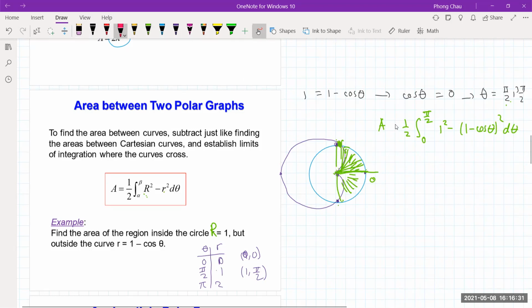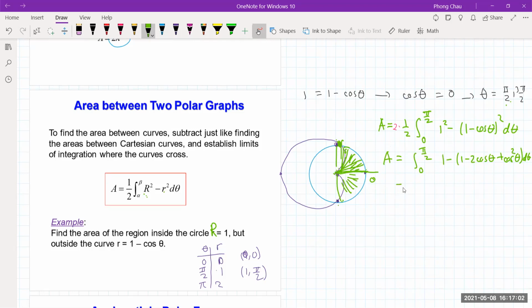So I would say there's a 2 times here, and that's nice, it's going to cancel with the one half. So now the area is really the integral from 0 to pi half of 1 squared minus, well, 1 minus 2 cosine theta plus cosine squared theta, d theta.